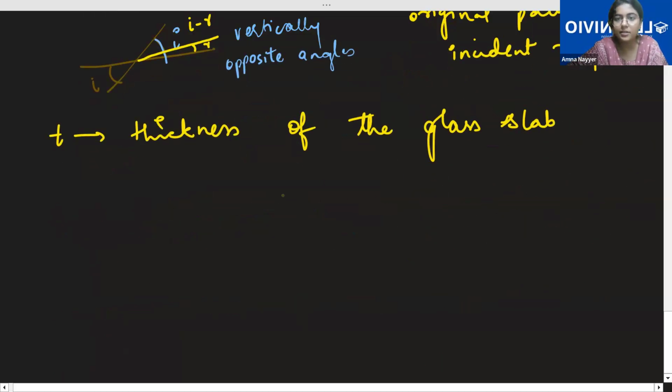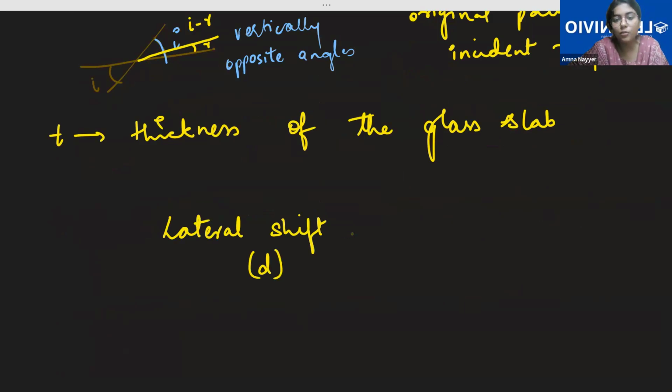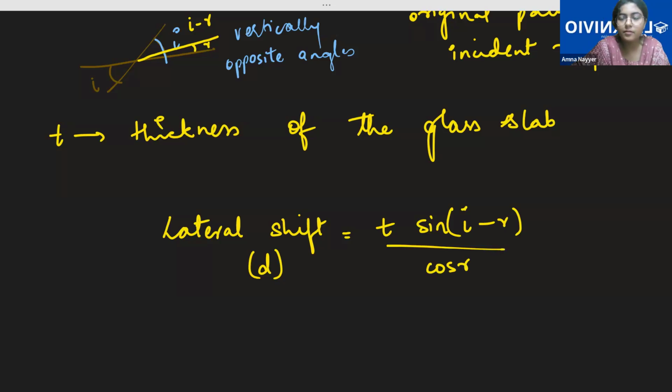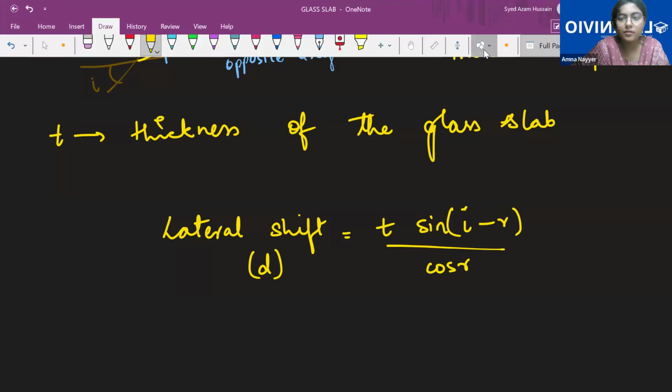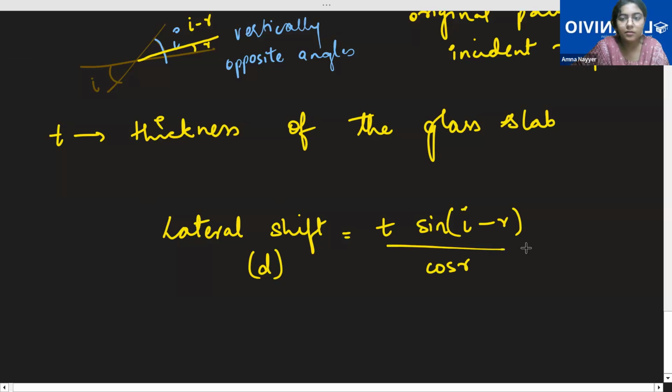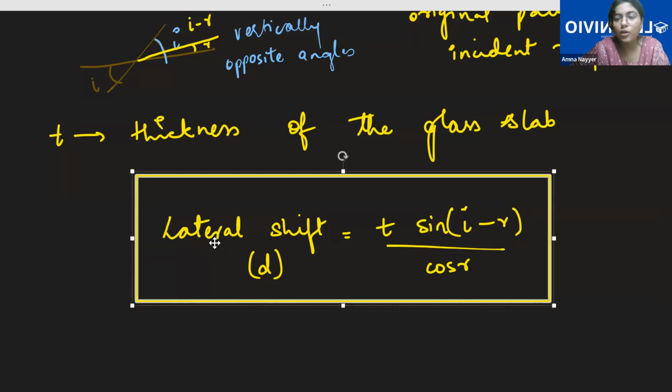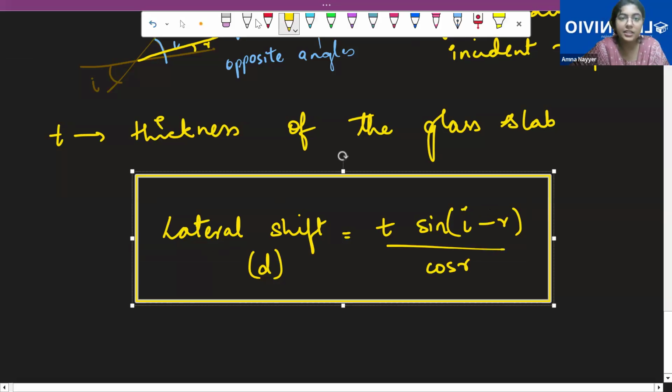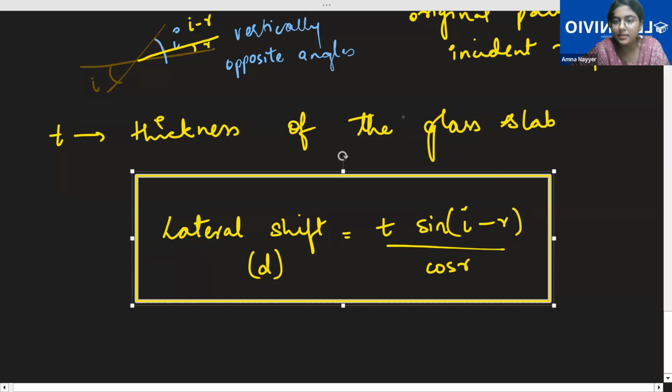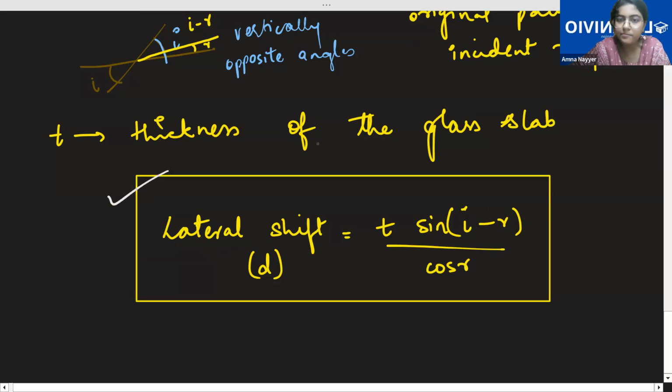So the lateral shift, with the symbol D, is equal to T sin(I minus R) by cos R. This is the formula of the lateral shift, where T is the thickness, I is the angle of incidence, R is the angle of refraction, and this formula can be used as it is. So remember this formula.